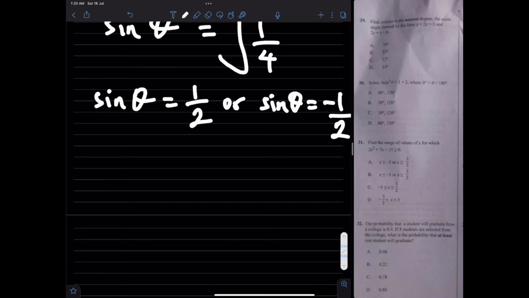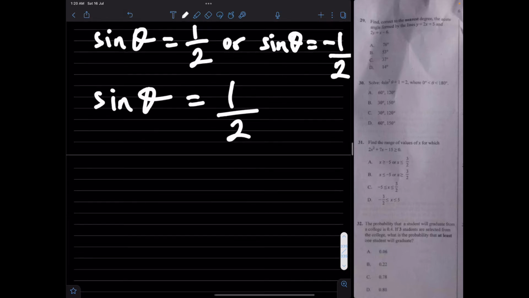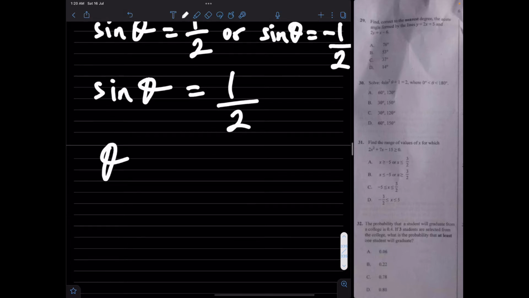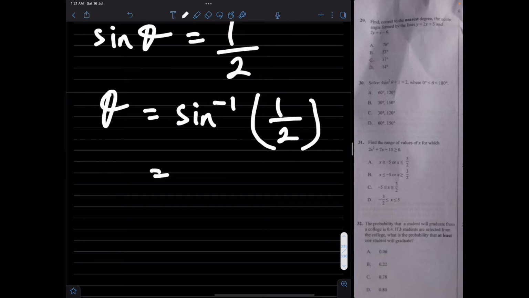So when sine theta equals half, the value of theta in the first quadrant is going to be sine inverse of half, which is 30 degrees.